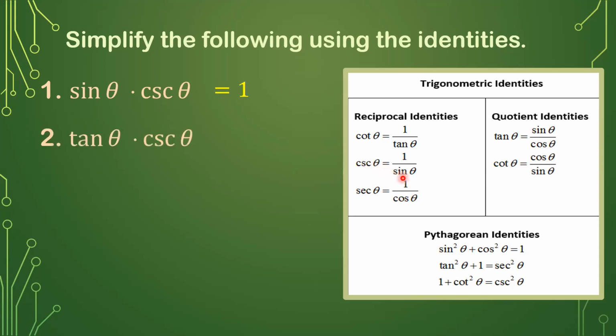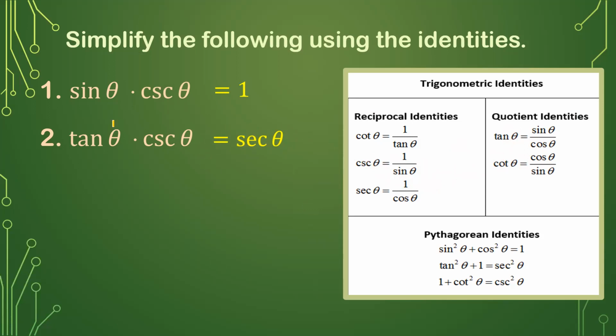Now for number 2, tangent theta times cosecant theta. Hindi siya yun eh. Kasi, tangent theta times cosine, and this is cosecant. So, hindi ito yung in-apply natin. Pero, why is that equal to secant theta? Let's use a pen.